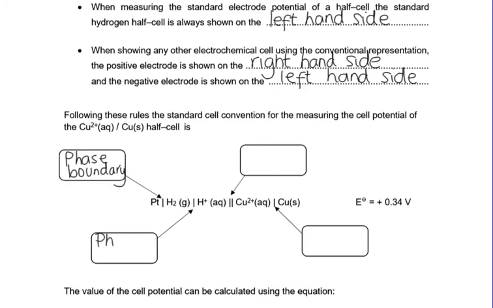We've got another phase boundary here because hydrogen gas and hydrogen ions are in different phases. We've got a salt bridge in the middle, and then we've got a final phase boundary between solid copper and aqueous copper ions.